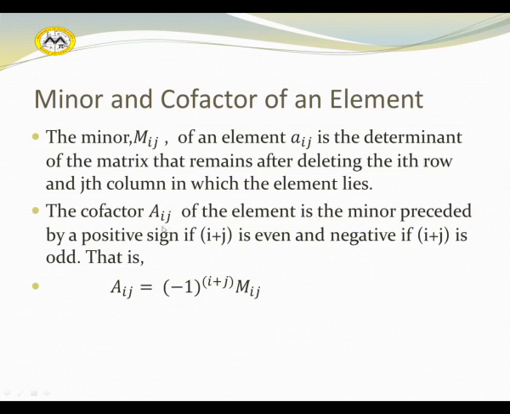Whereas the cofactor, denoted as capital A_ij of the element, is the minor preceded by a positive sign if i plus j is even, and negative if i plus j is odd. Or simply, the cofactor is equal to negative 1 raised to the sum of i and j, multiplied by the minor of the position ij.